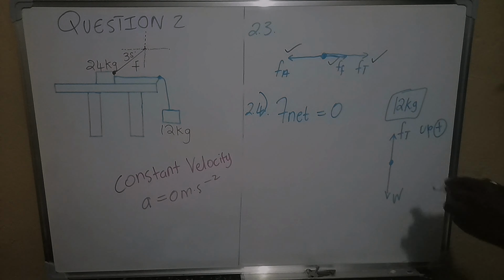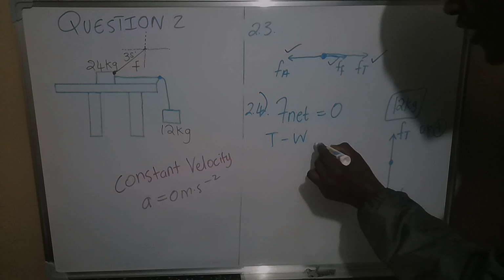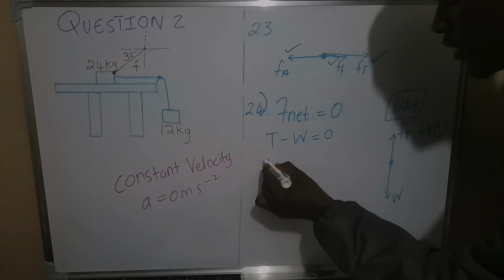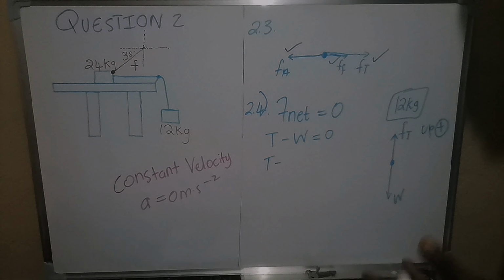Now, therefore I'm going to have my tension force minus my weight is equal to 0. Then tension minus, what is the value of weight? Weight is equal to mg. So mg is going to be 12 multiplied by 9.8. 12 is the mass of the 12 kg block, and 9.8 is the gravitational acceleration.